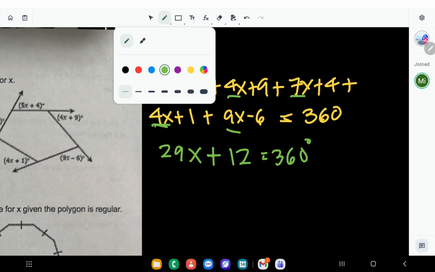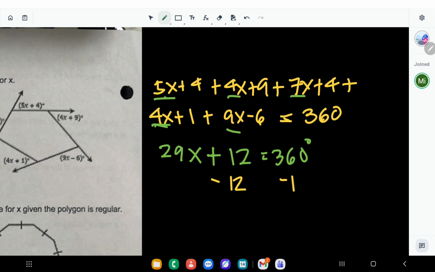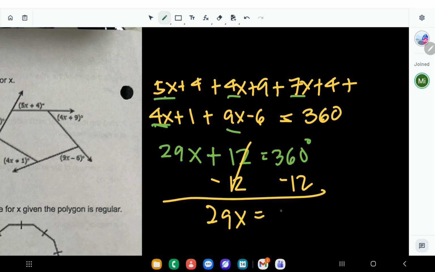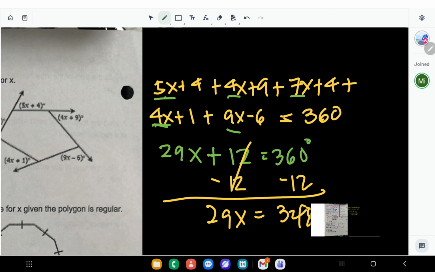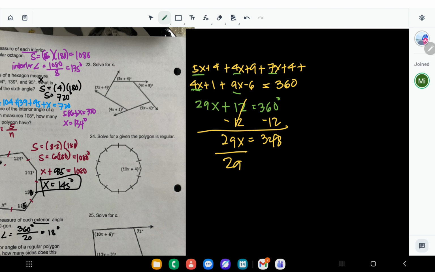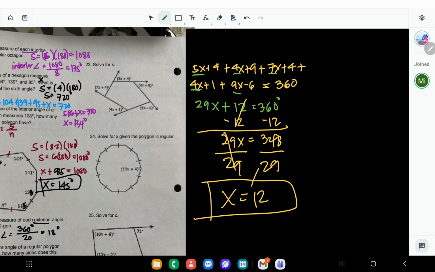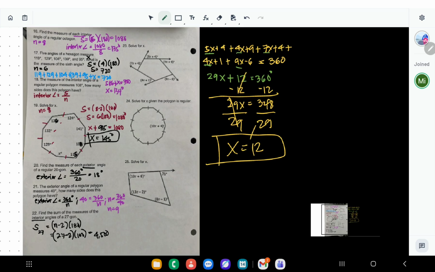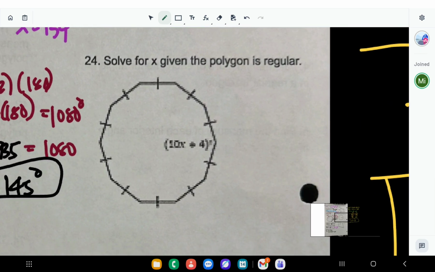So 29x plus 12 equals 360. And then we subtract 12 from both sides. So 29x is equal to, what is 360 minus 12? 348. Then we divide both sides by 29. I got 12. So x is equal to 12.